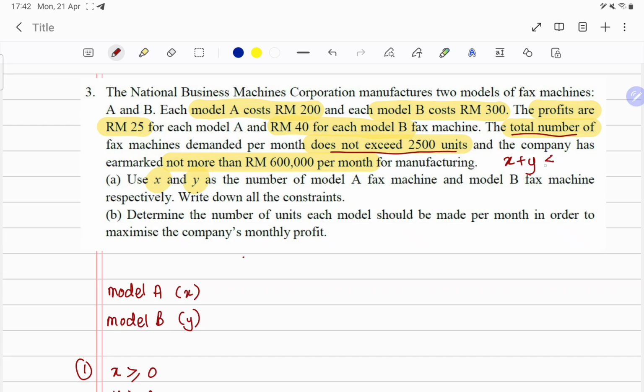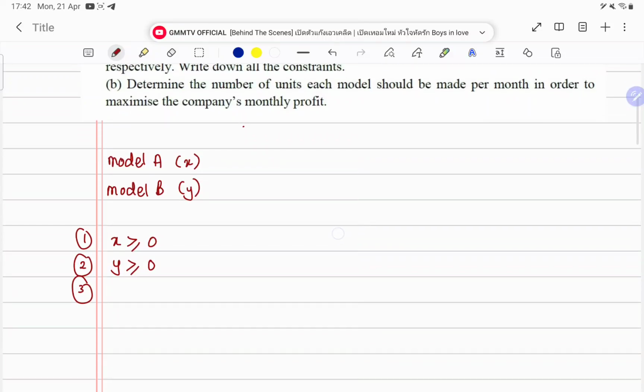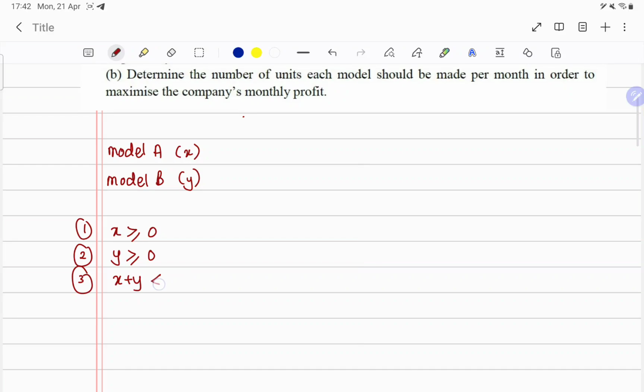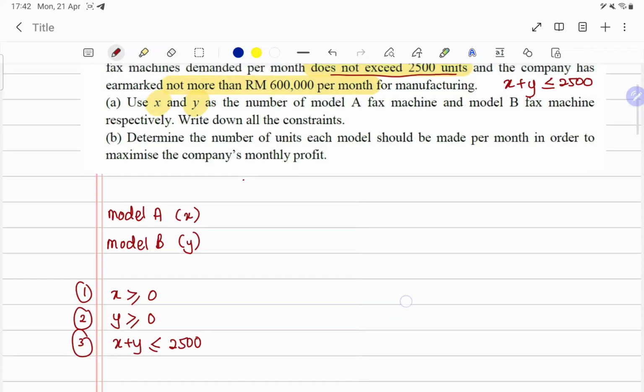Does not exceed, less than or equal to 2,500. So this is our third constraint. So just now is the second one. Third constraint is X plus Y less than or equal to 2,500, does not exceed, okay.